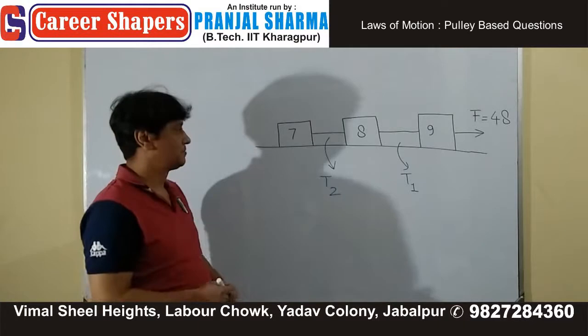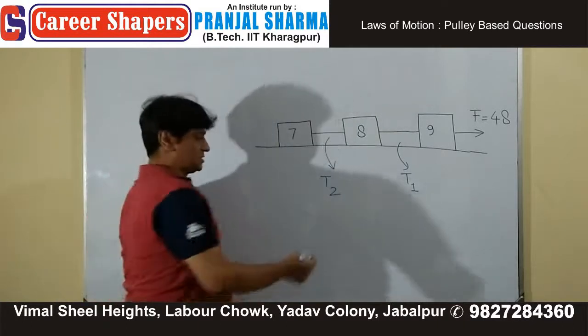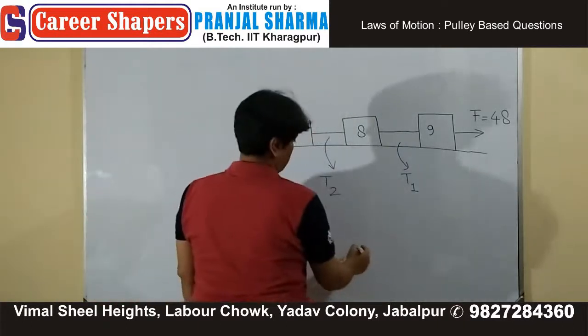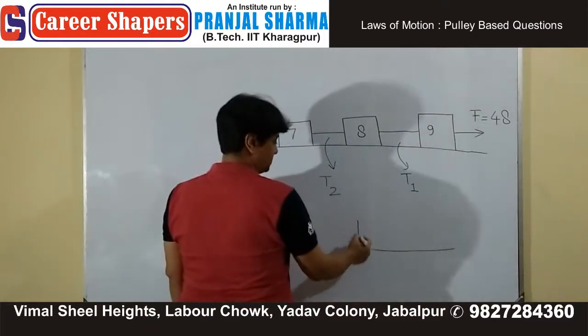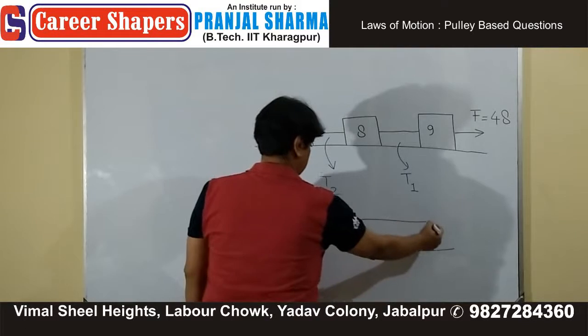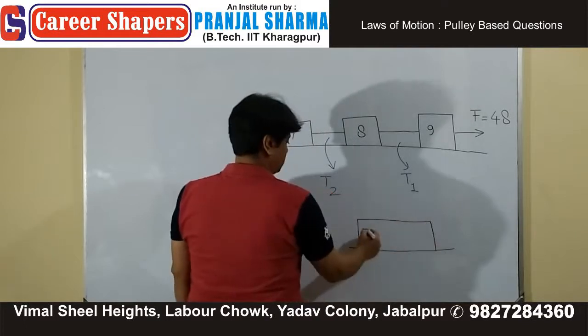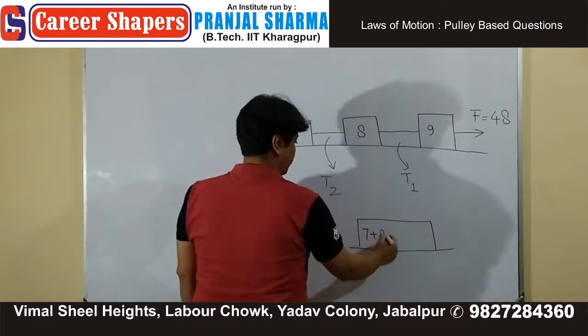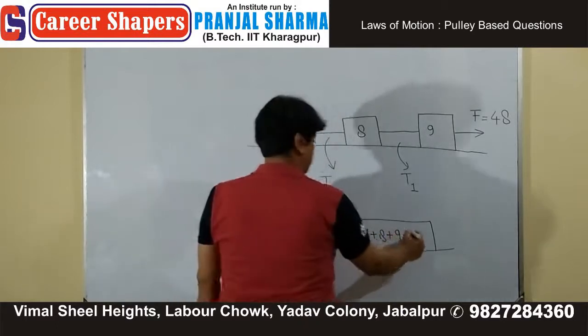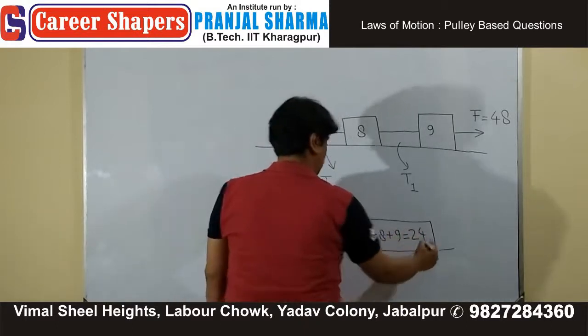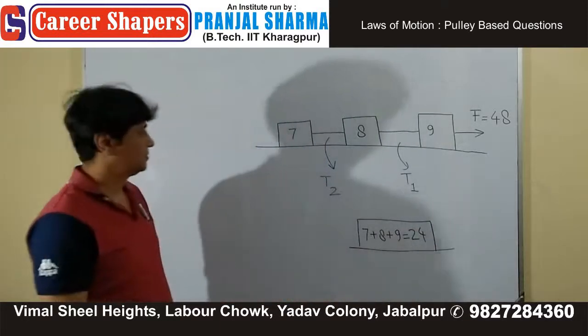Fast method. Fast method is: this whole system is 7 plus 8 plus 9, 24 kg.